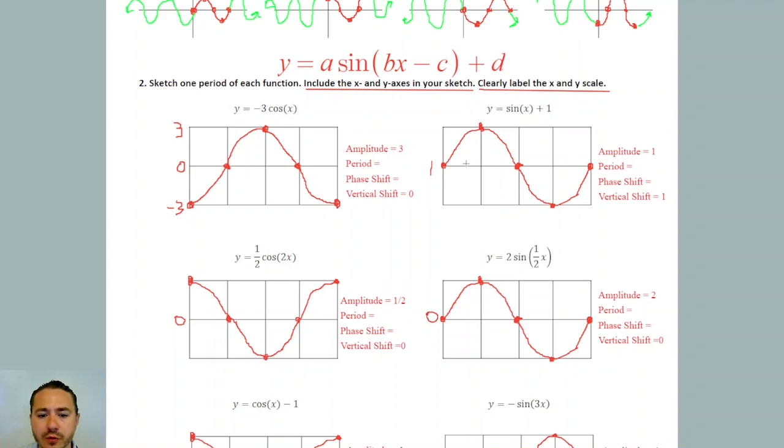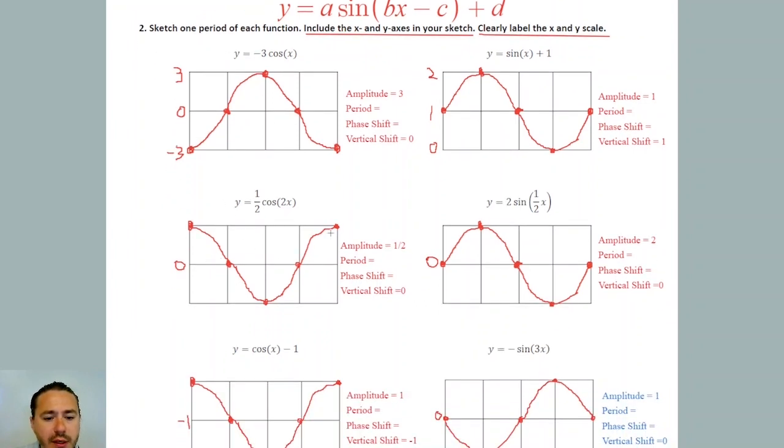The amplitude for this one is 1, so I'm going to add 1 and subtract 1. Notice here the x-axis is going to be down here, and this minimum is going to be 0. For this next one, the amplitude is 1/2, so I'm going to go up 1/2 and down 1/2. A little bit of a vertical compression there.